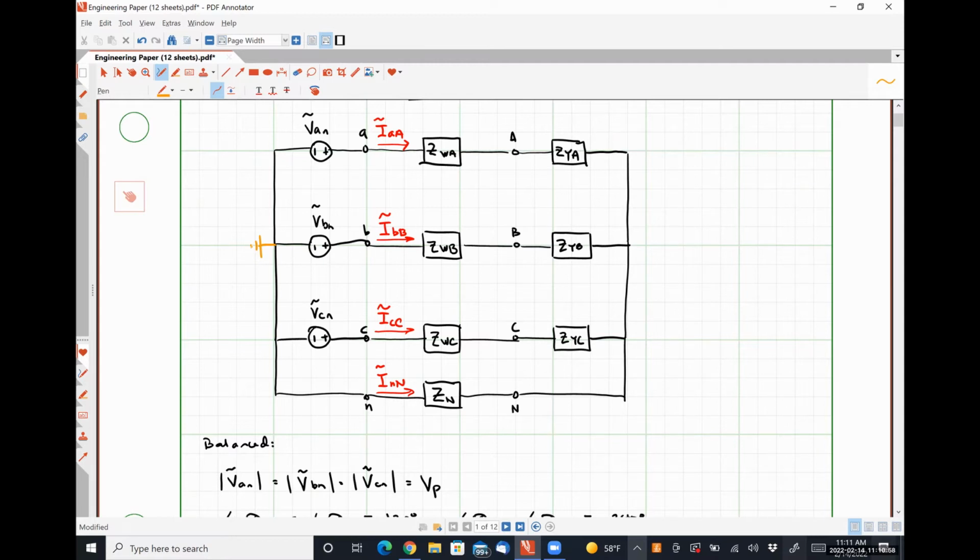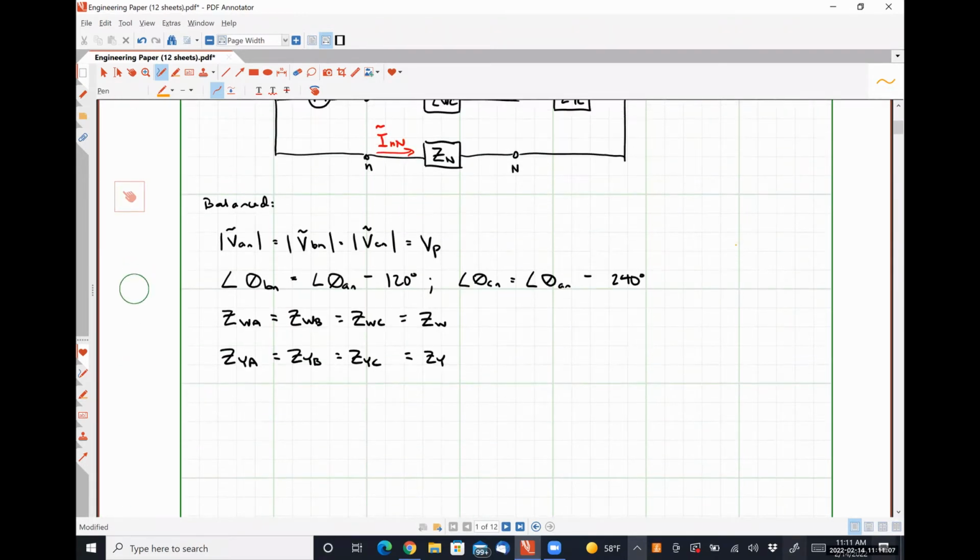Okay. So if I apply Kirchhoff's current law at my load side neutral node, what I get is IAA plus IBB plus ICC plus INN is equal to 0.